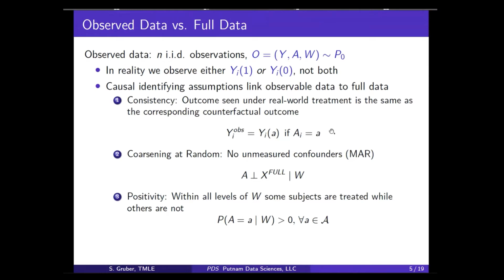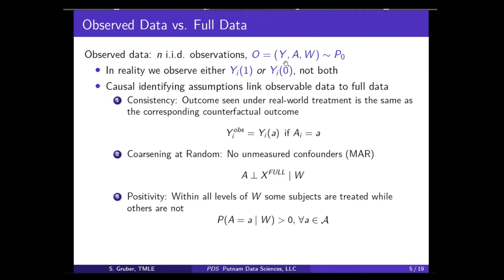So those intercurrent events are the very things that undermine the consistency assumption. And if you don't have this assumption, then you have to do something about it. You have to face the fact that the Y that you have right here in your data is neither of the Ys in that full data set. And so you've got to treat it as if it's missing, even though it's recorded.